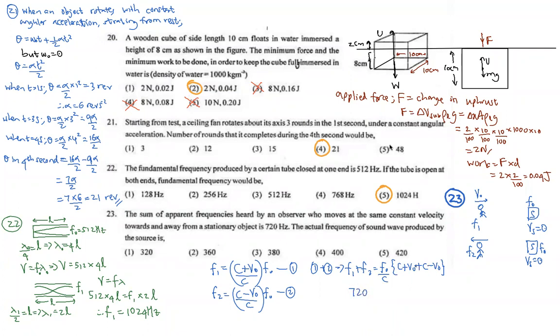F0 over C into 2C, because VO and minus VO get cancelled out, and C and C get cancelled out. Therefore, I'm getting 2 F0 is equal to 720. So what is F0? I'm getting 360 hertz, correct? So the answer is second. Anyone else who got second? Raise of hands quickly. Right.